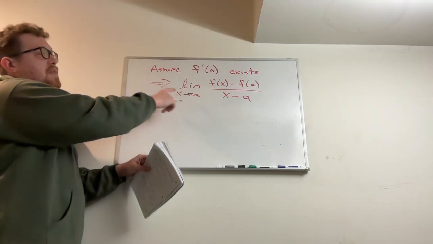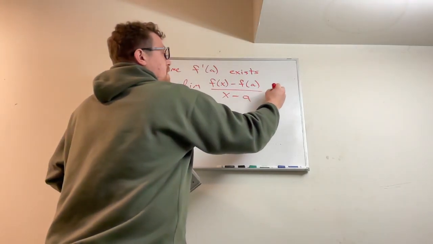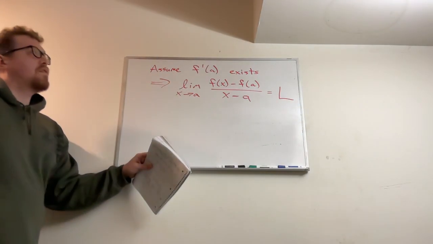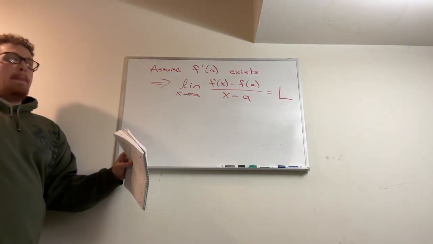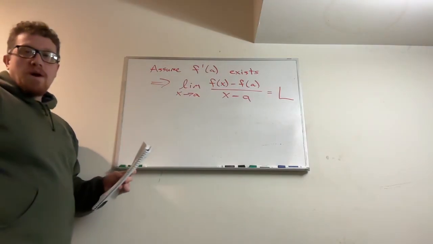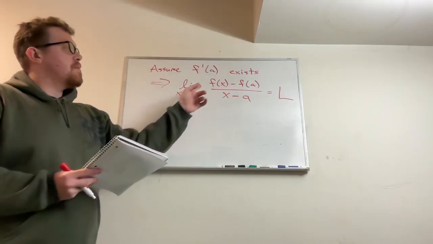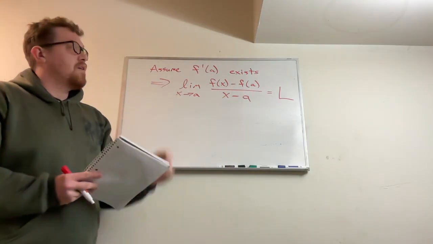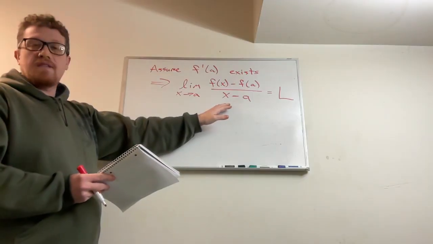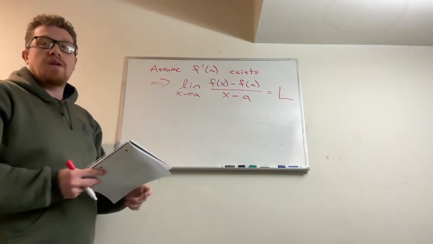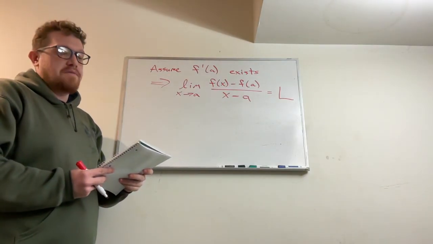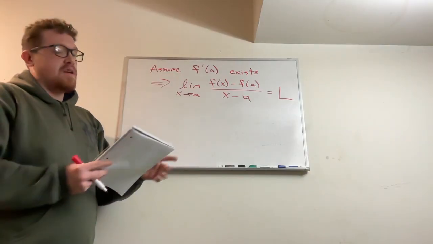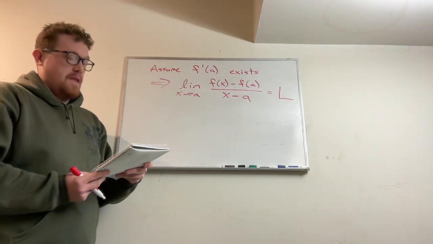So we're assuming that this limit exists. It's equal to L. And now we want to prove that the limit as x approaches a of f of x is f of a. So we're assuming this limit holds, and we want to show that the limit that defines continuity is also satisfied for f.